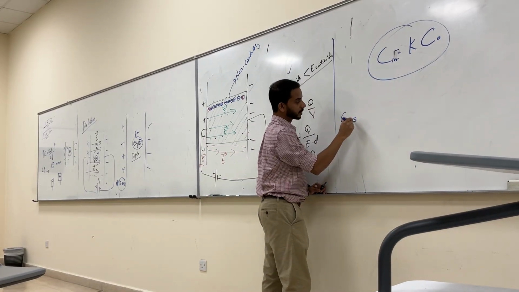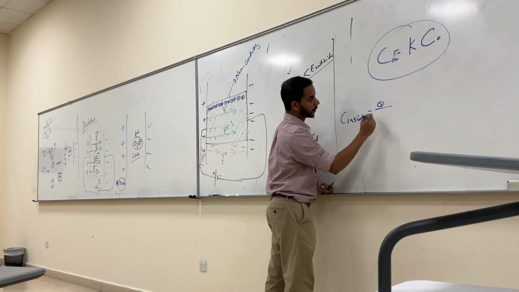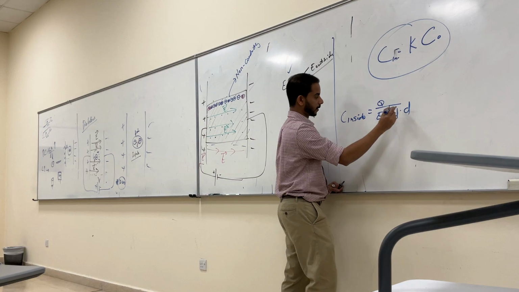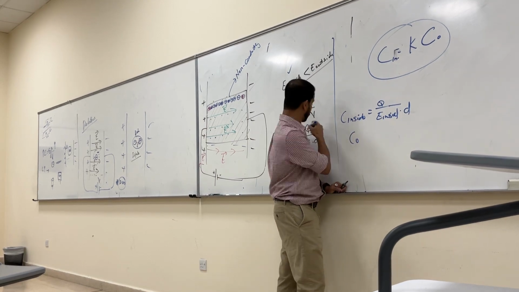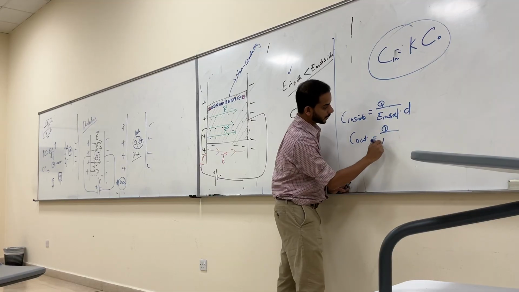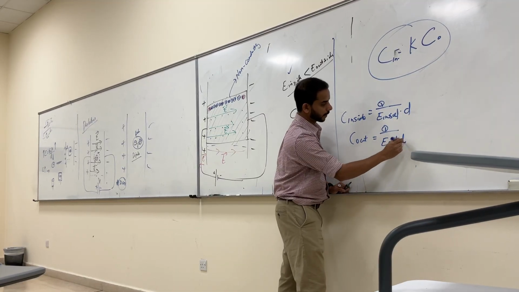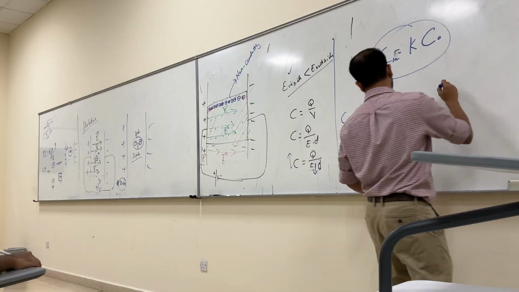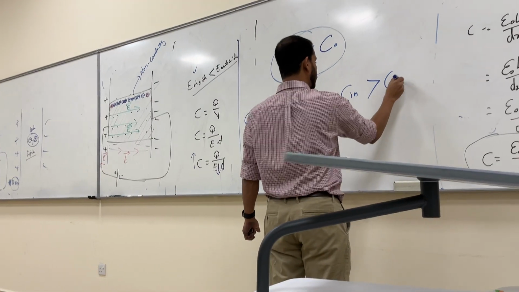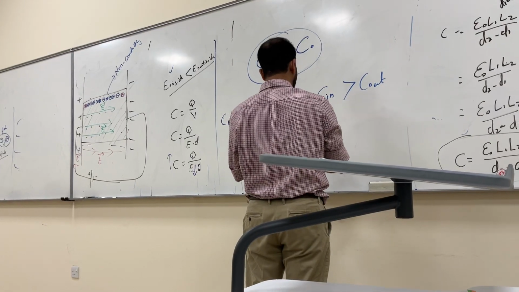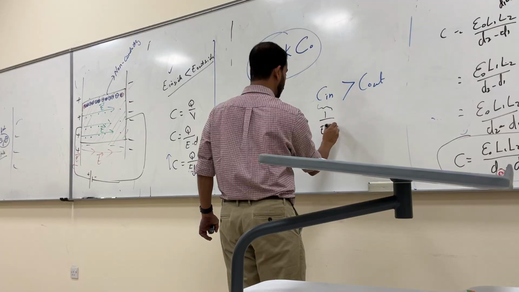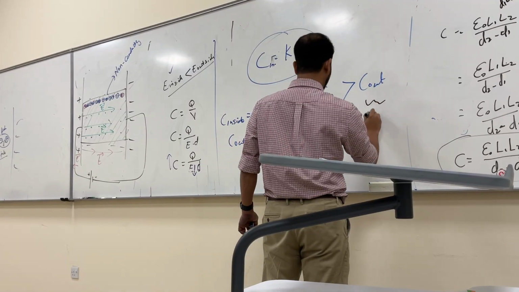Because the inside capacitance will be going Q over E inside times D, and the outside, where you don't have any material, it will be going D. And if you compare, C inside will be much more than C outside. Because this goes as 1 over E inside, right? And this also goes as 1 over E inside.